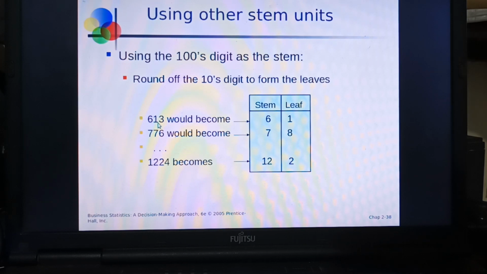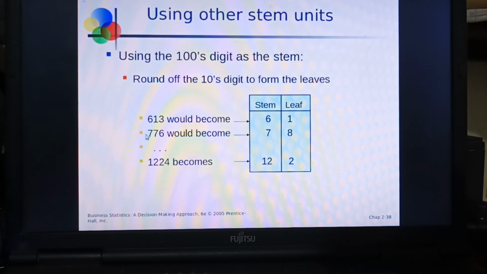The leaf is the tens digit here, and the tens digit is rounded off. 13, you cannot round it off to 20 because this is only 3. It has to be 5 or more to be rounded up to 20, or 2. So this rounds down to 1 instead.